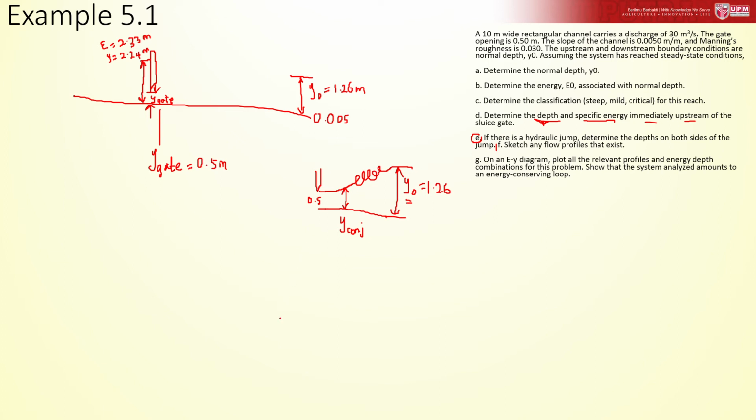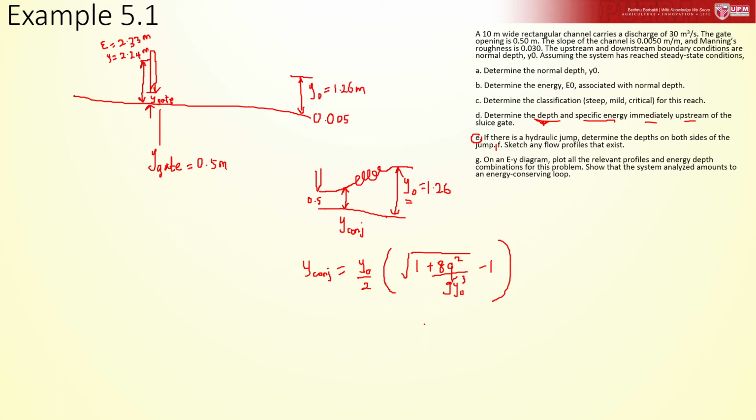So basically, it's given from the formula that if you have this situation, y conjugate is equal to y naught over 2, because in this case y conjugate is between this and this. The conjugate depth. So this is the formula: square root of 1 plus 8q to the power of 2 over g y naught to the power of 3, minus 1.